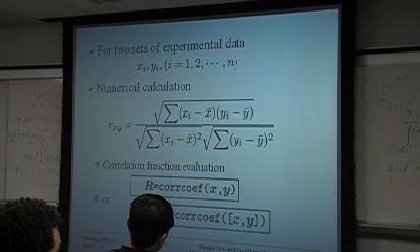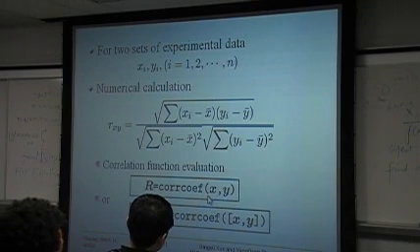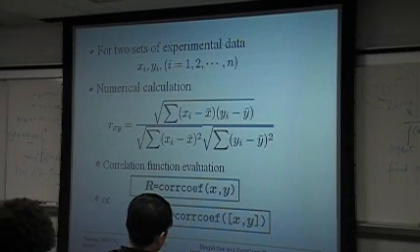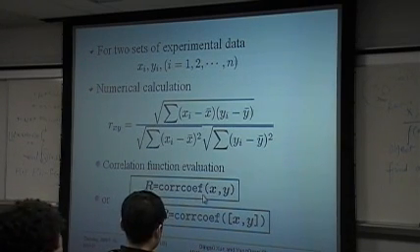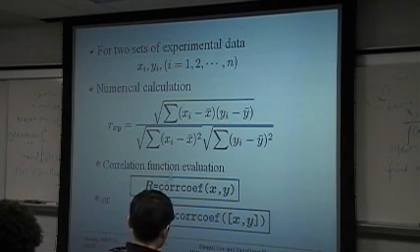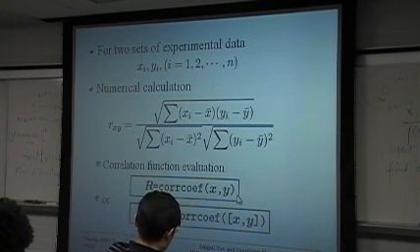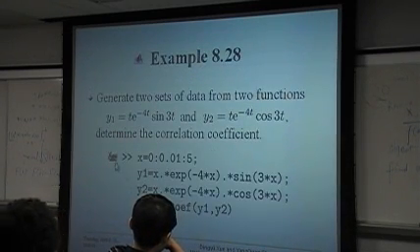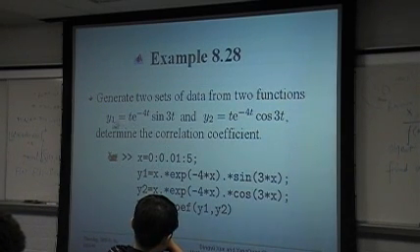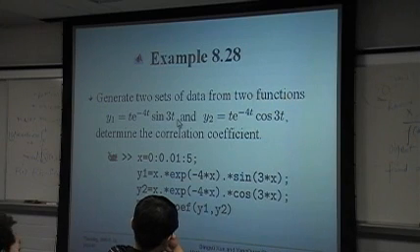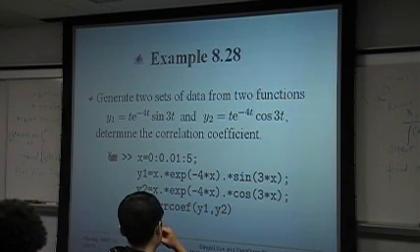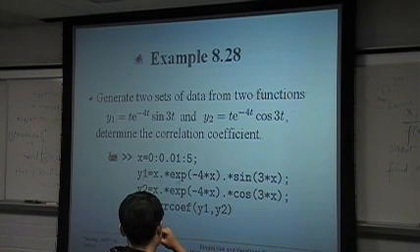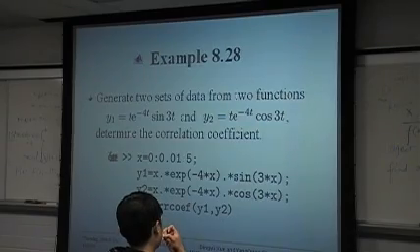Also, you can use a Matlab command to find the correlation coefficients. Suppose you have two functions and you want to find the similarity between them. Then you can generate a set of data like this, and use the correlation coefficient command to solve the problem.